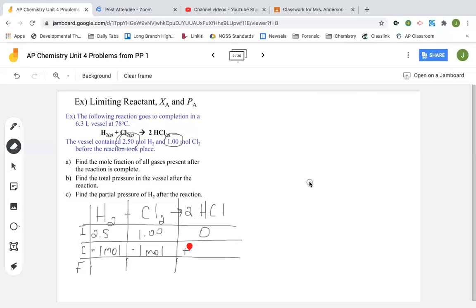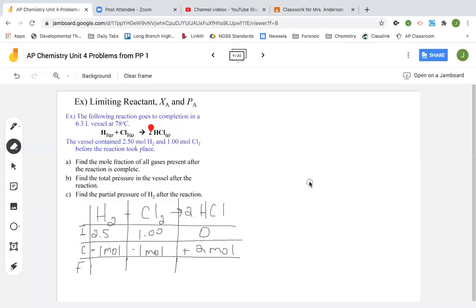And we're going to get 2 mole right there. Again, we get these numbers from the balanced chemical equation. H2 doesn't have a coefficient in front, which is why we used 1. Cl2 doesn't have a coefficient in front, which is why we used 1. And HCl has a coefficient of 2 in front.